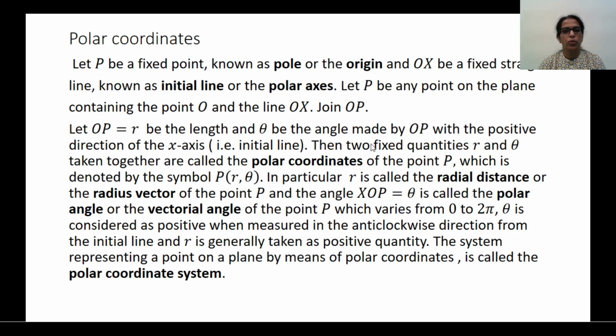Then the two fixed quantities r and theta taken together are called the polar coordinates of the point P, which is denoted by the symbol P of r comma theta. In particular, r is called the radial distance or radius vector of the point P, and the angle XOP equal to theta is called the polar angle or vectorial angle of the point P.